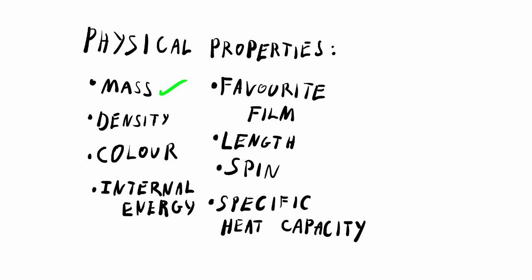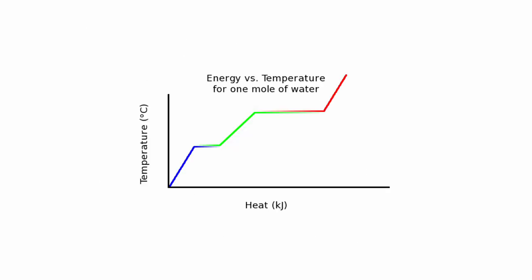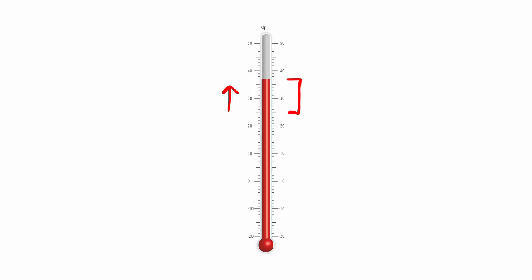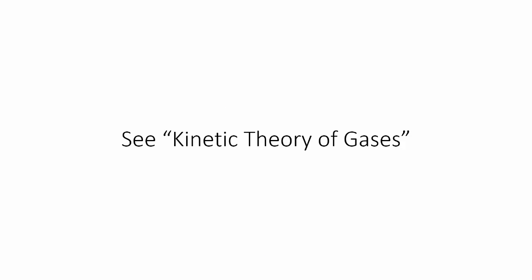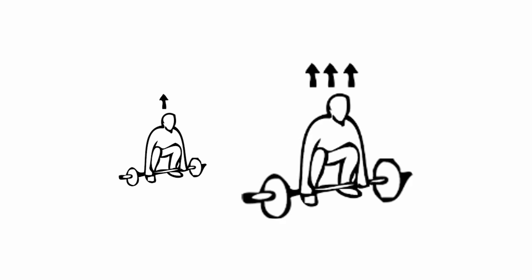See, one of these properties is heat capacity, or the amount of energy a material needs to increase in temperature by a given number of degrees. Since temperature is, in many senses, a kinetic energy, it should follow that heavier particles will require more energy to increase in temperature.